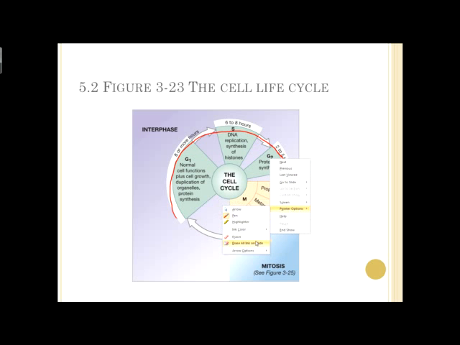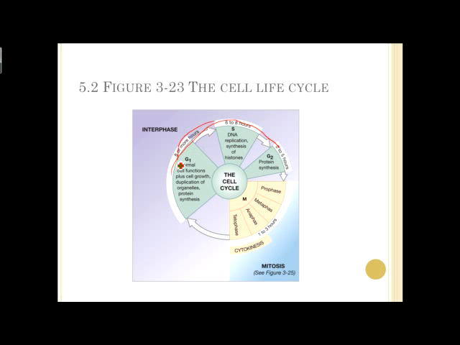So let me get this erased here really quick. So 8 or more hours we get in interphase, and what it's doing is preparing, and this part of it here, 6 to 8 hours, is DNA replication and synthesis of histones, and this is before the nucleus divides. 2 to 5 hours is protein synthesis, or the production of the DNA for the daughter cell.